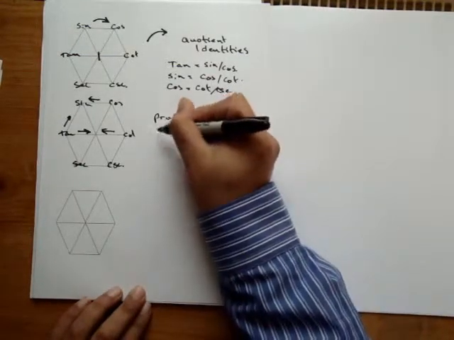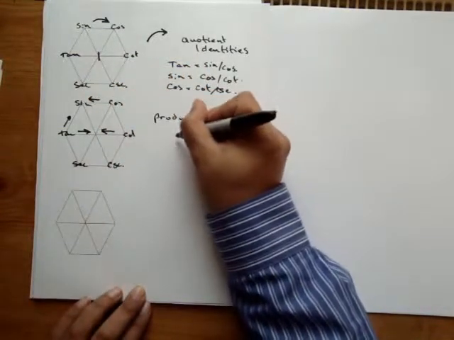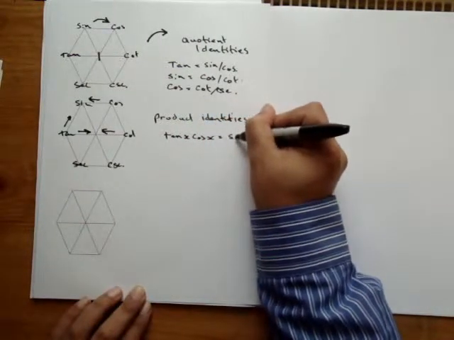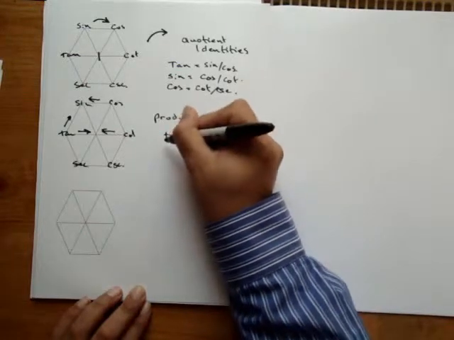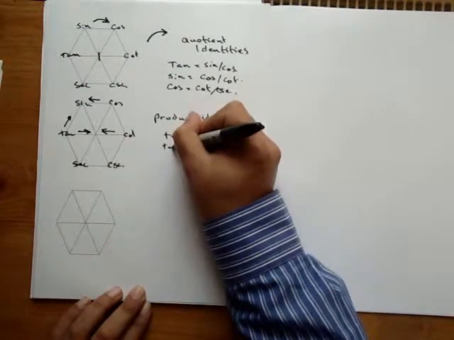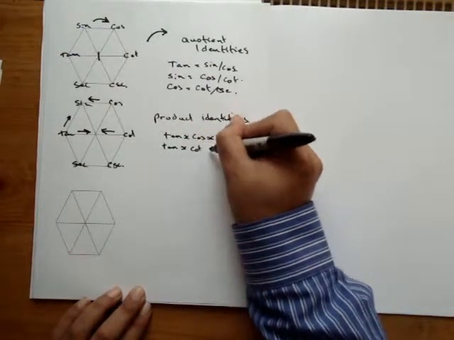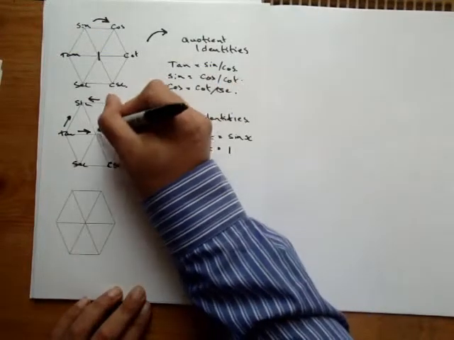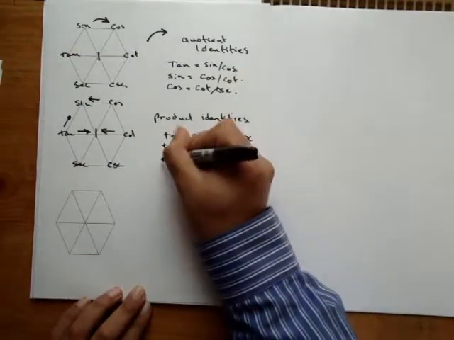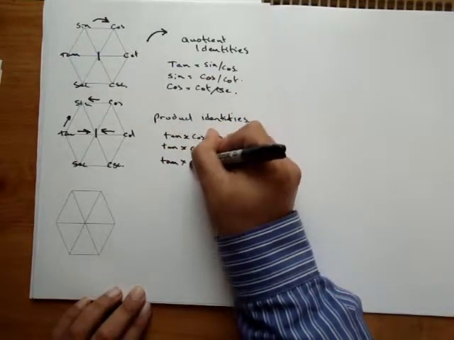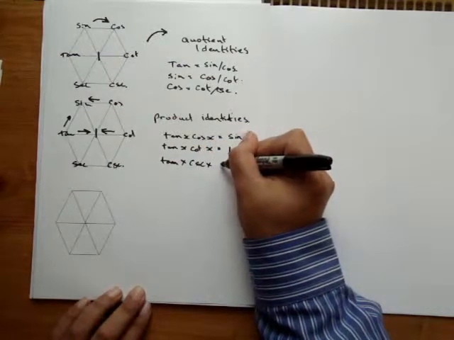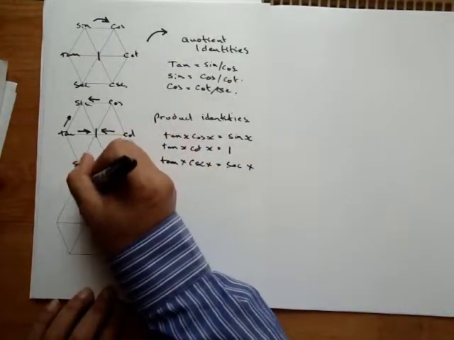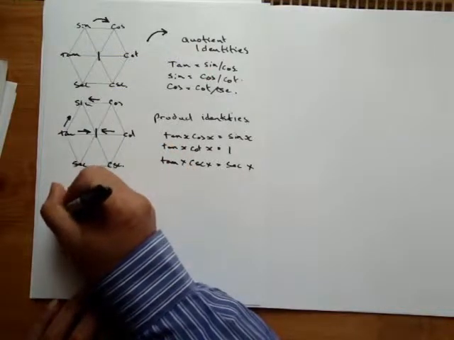So tan x cos x is sine x, tan x cot x is 1, there should be 1 in the middle, and tan x cosec x equals sec x.